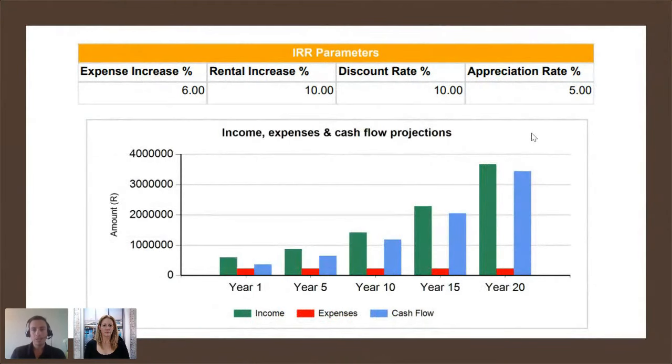Another thing the sourcing agent used to justify this proposal to me was some of the future benefits of holding the property. To determine what your future benefits or returns are going to look like, you need some variables. One of the key ones is the rental increase.